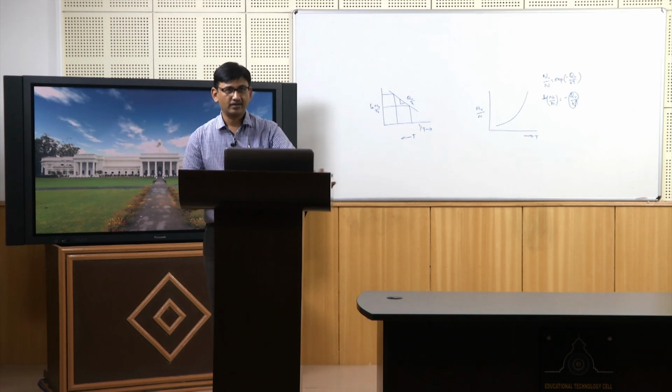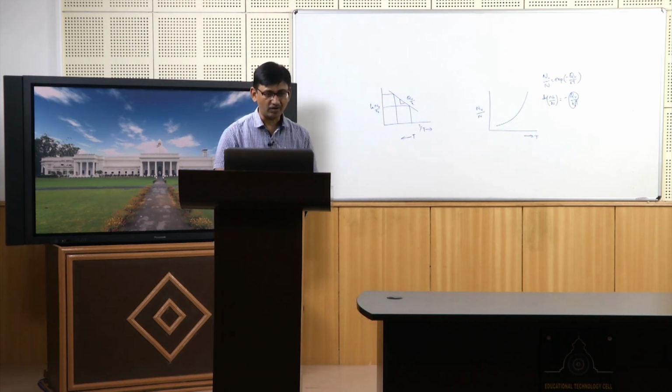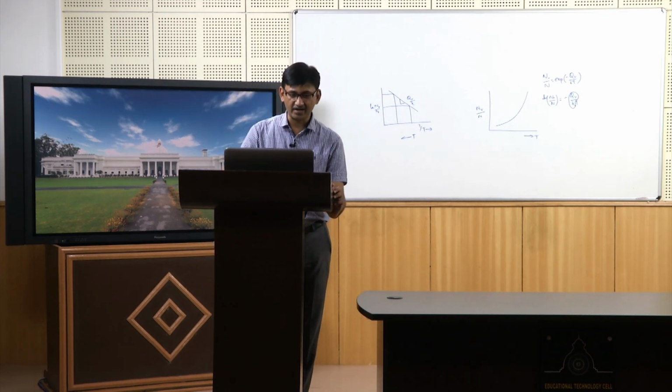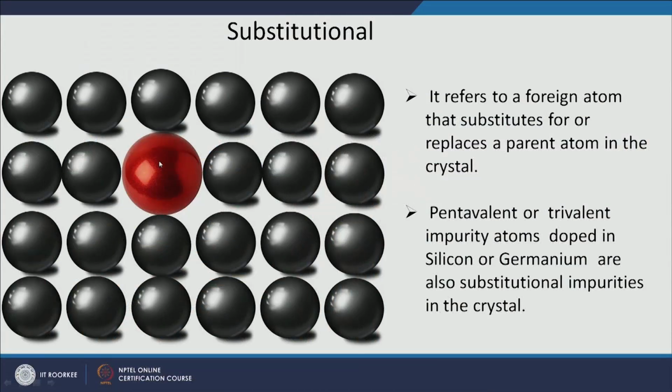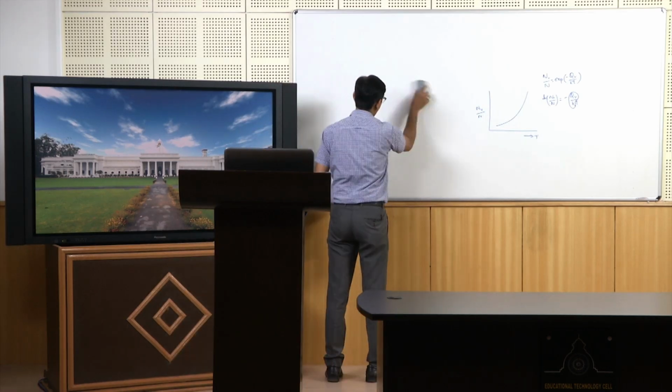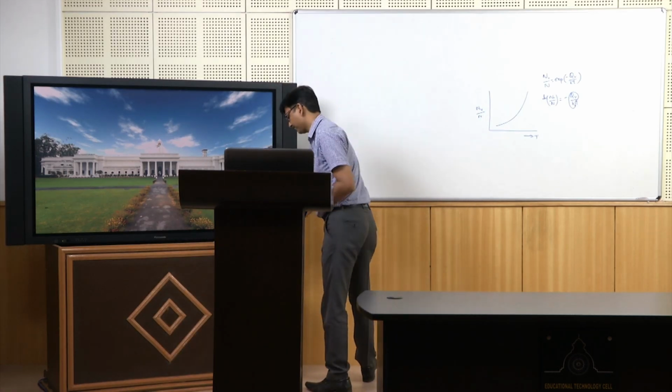Now, instead of vacancy you can also have a condition where a foreign atom comes and occupies the normal lattice site, okay. So, earlier we saw that I can have vacancies, okay.